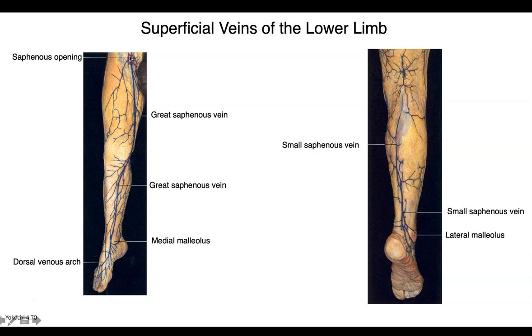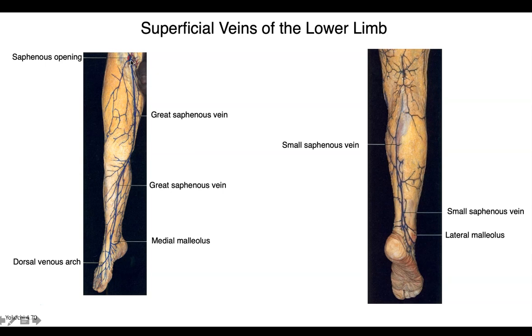It goes all the way to the proximal part of the thigh, and under the inguinal ligament within the superficial fascia of the thigh, there is an opening which we call the saphenous opening. The saphenous opening is an aperture through which the great saphenous vein dives down and terminates into the deep vein.